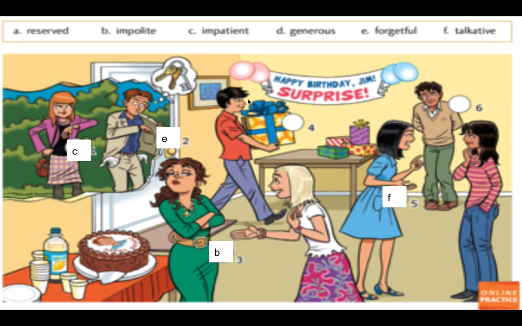So the next person is number 4. If you look at the present, is it the same as the other presents? So the purple present is small, the yellow present, the red stripe present, the green present, they are all very small. But this present is huge.